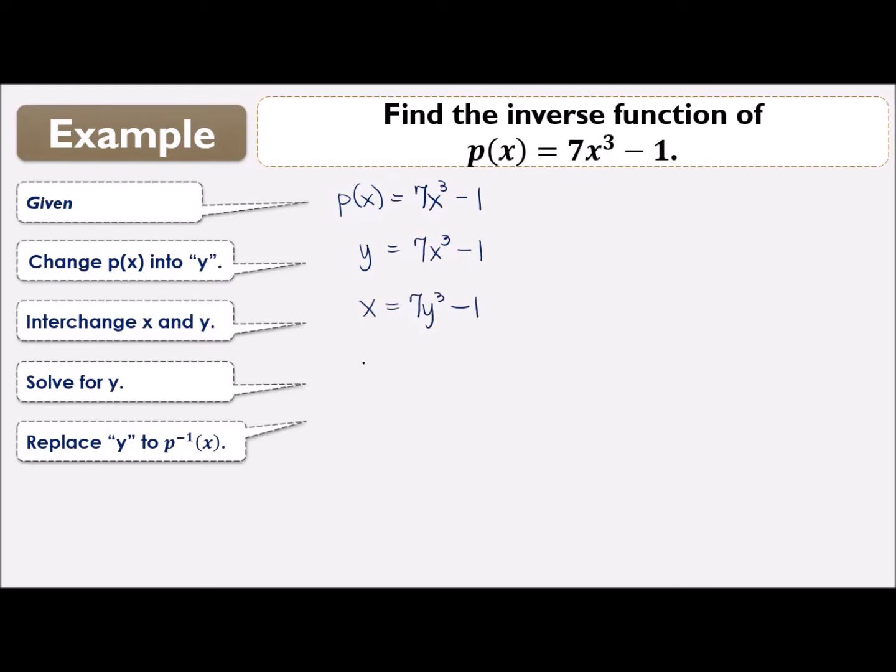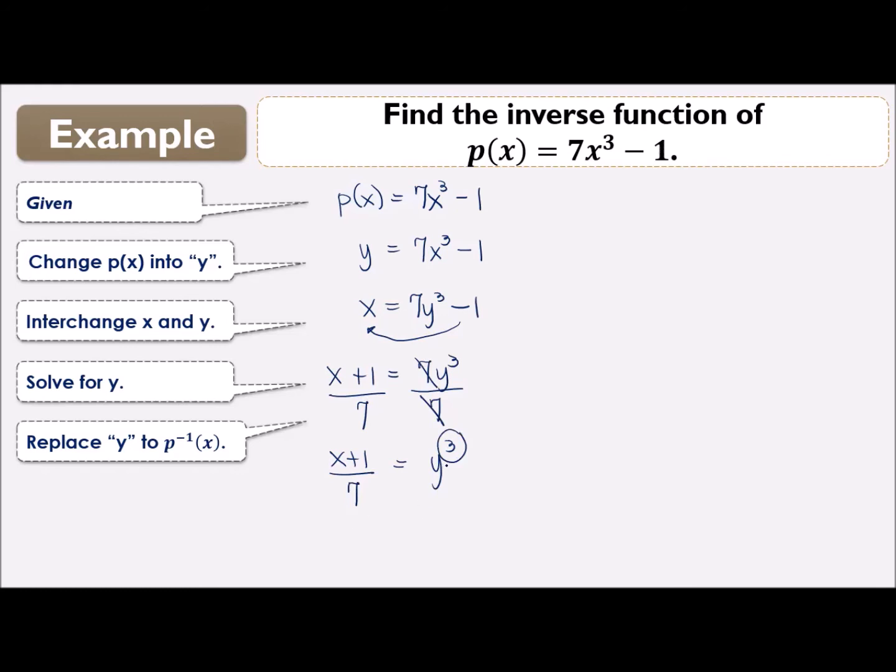Then, solve for y. So, ibig sabihin, hindi natin kailangan si negative 1 dyan. Lipat sa kabila. x plus 1 is equal to 7y cubed. Hindi natin kailangan si 7. Divide both sides by 7. Canceling this, it will have y cubed, and then x plus 1 over 7. Eh, ma'am, may cube. Anong gagawin natin?